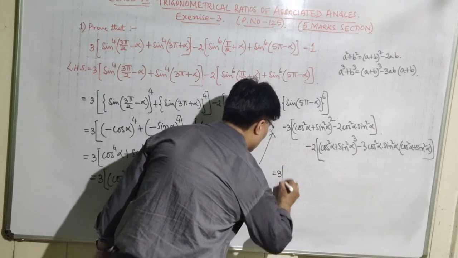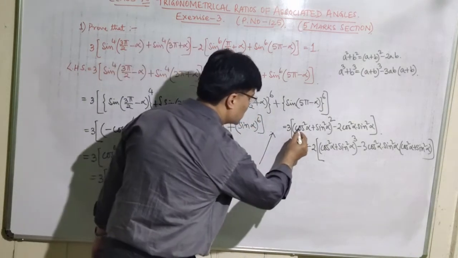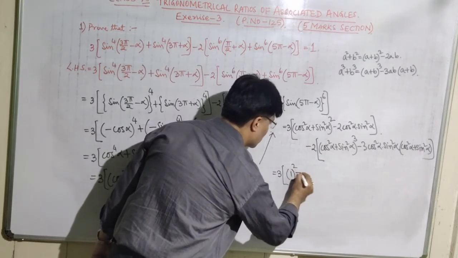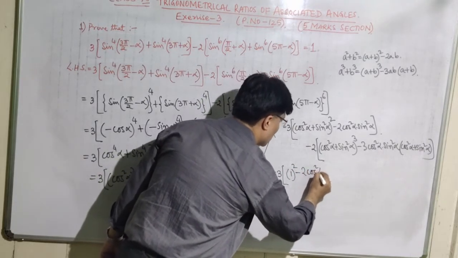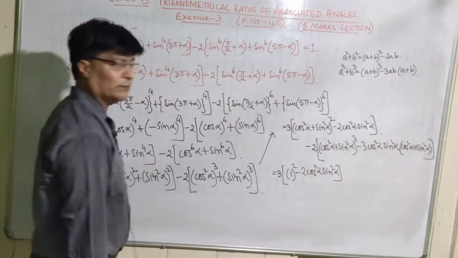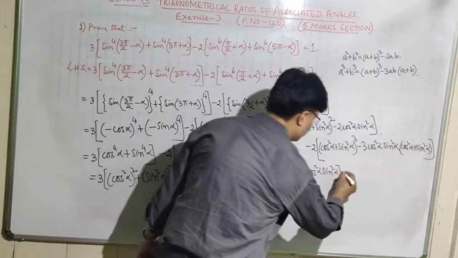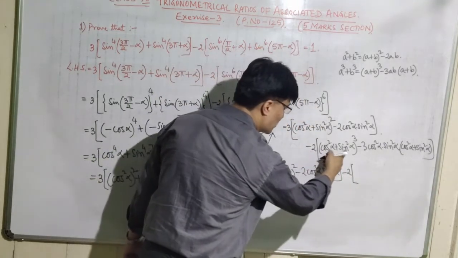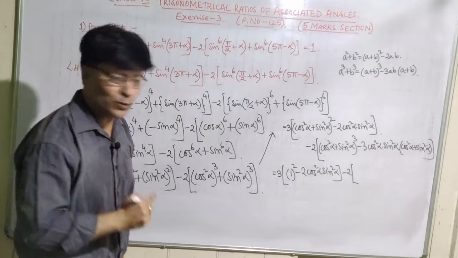Is equal to 3 within third bracket. What is cos square alpha plus sin square alpha? That is 1. So it is 1 whole square minus 2 cos square alpha sin square alpha. Third bracket is closed. Then minus 2 within third bracket. Again, what is cos square alpha plus sin square alpha? You know that is 1.